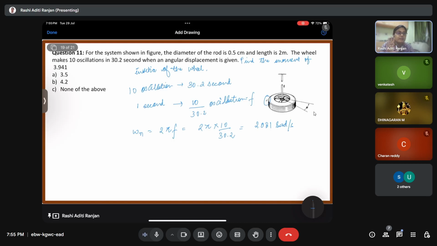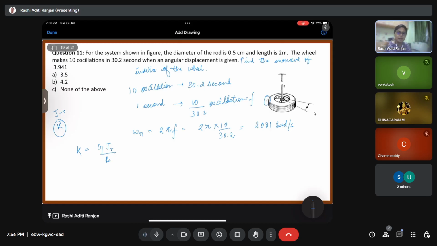The one thing I have to find out is the stiffness, in order to get J. For the rod, the torsional stiffness is related to the equation, again from strength of materials, G J of rod by L.